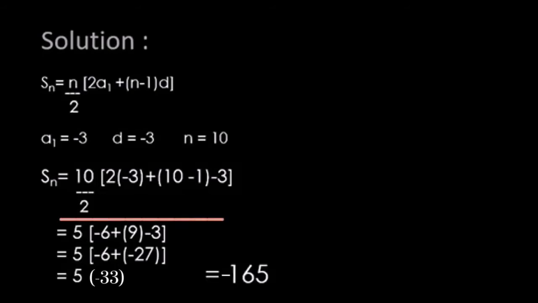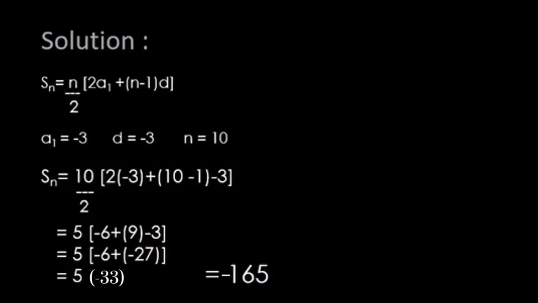So 10 over 2 times the quantity of 2 times a sub 1, which is negative 3, plus 10 minus 1 times the difference, which is negative 3. We simplify first the 10 over 2, which is 5. Then 2 times negative 3 equals negative 6, and 10 minus 1 equals 9. So 5 times the quantity of negative 6 plus 9 times negative 3.